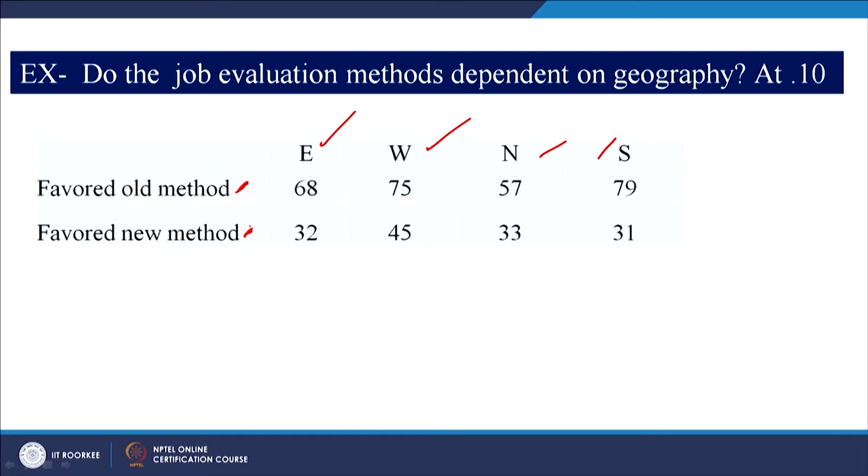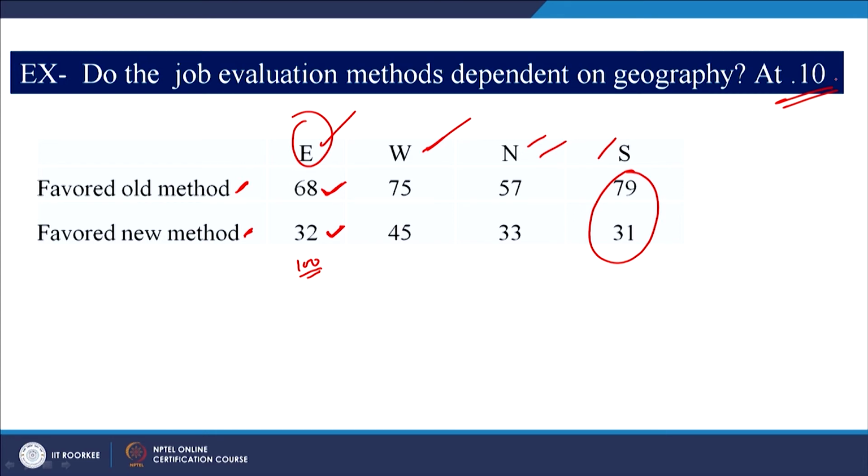When the question was asked to, let us say, 100 nurses of the east region, 68 favored the old method. It means they wanted salary every month, while 32 said that they wanted it twice a month. Similarly for west, north and south. Now, we need to test this hypothesis at 0.10 significance level.